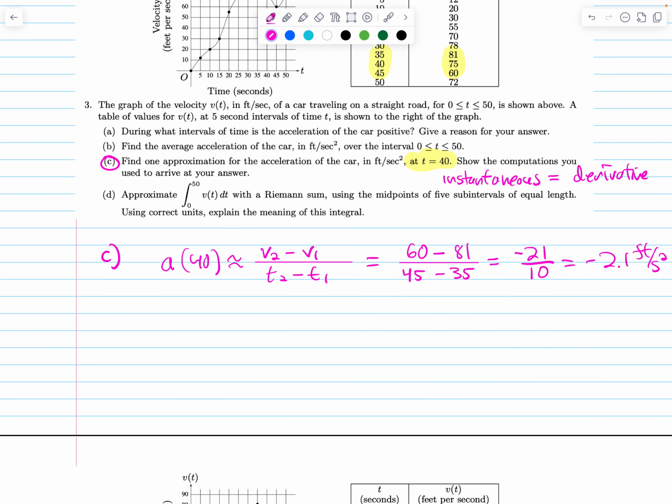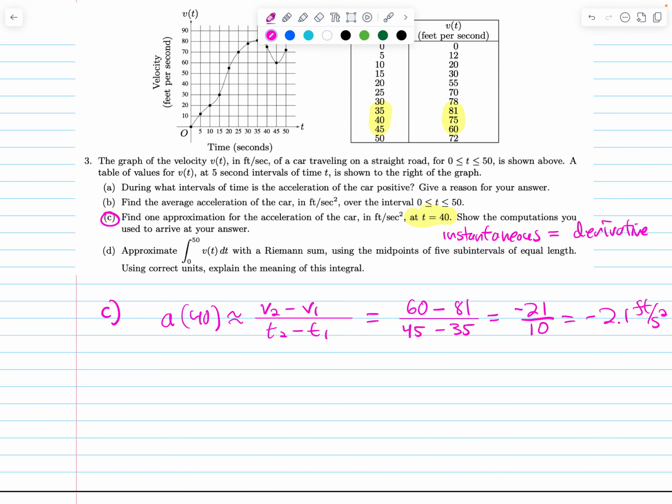For part D, I'm sorry, not for part D. The other way to do part C is you could find the slope from 35 to 40. Do 40 minus 35 on the bottom, these are your two times. And on the top, that means you would do 75 minus 81.